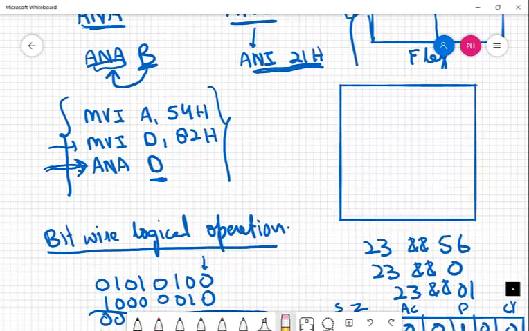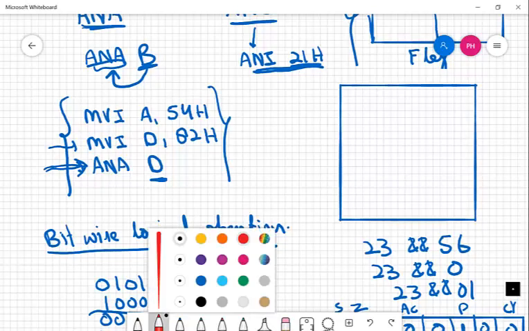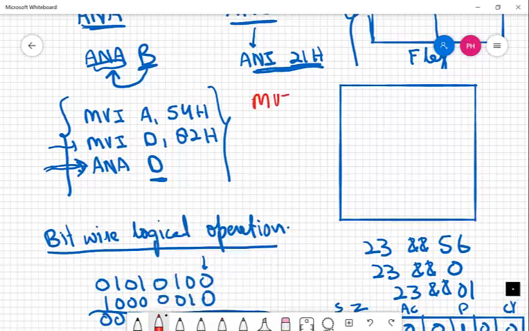I can write simply, the first instruction will be the same, move immediate accumulator 54H, and then I can combine these two instructions and write a single statement, AND immediate, the contents of accumulator with 21H. So what will happen?